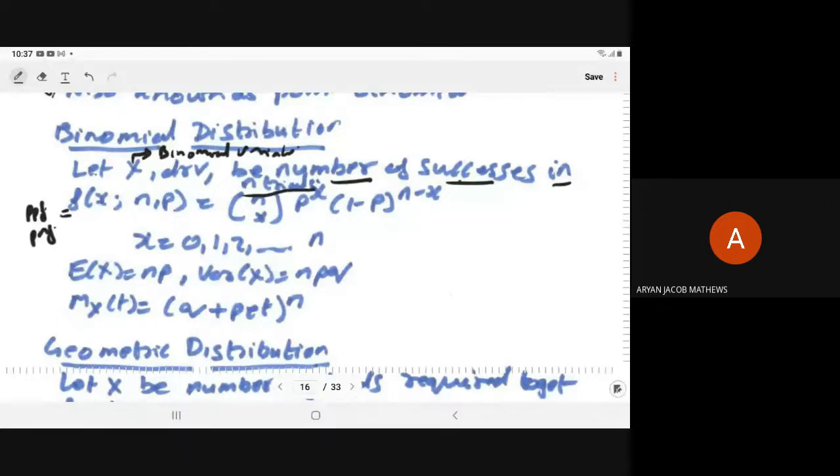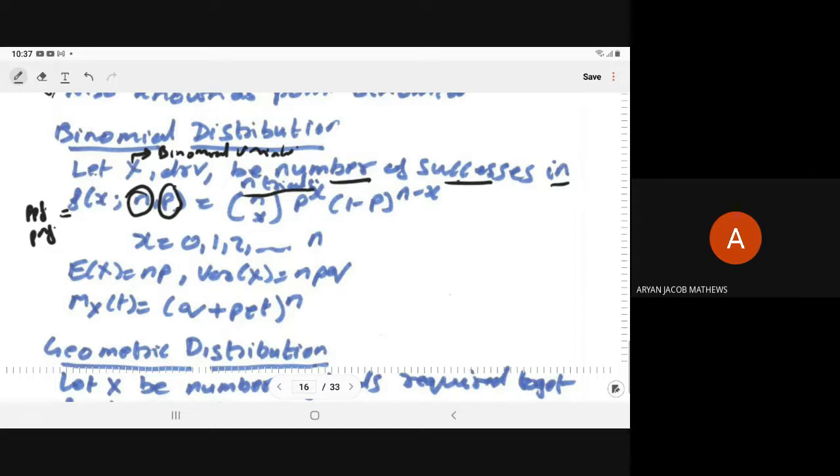Here n is the parameter which denotes the number of Bernoulli trials, and p denotes the probability of success in each trial.